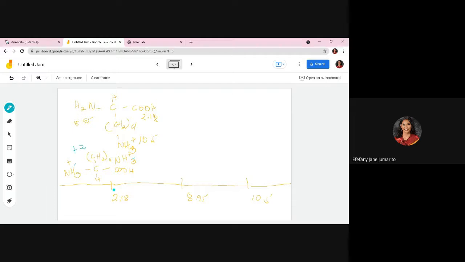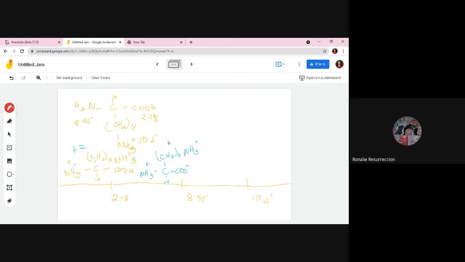After 2.18, what will happen is the carboxyl group will lose a proton. We have NH3 plus, then we have the plus there, then COO minus. The charge here will be positive 1.